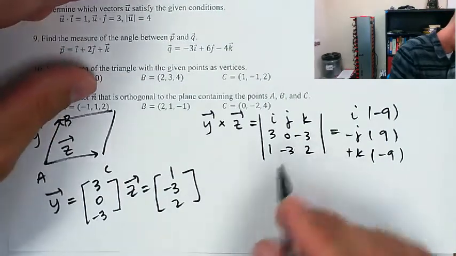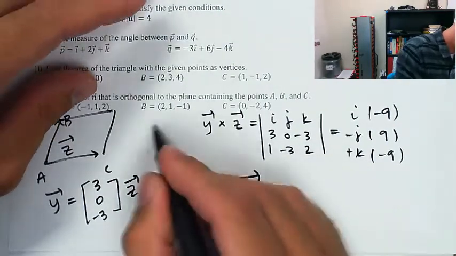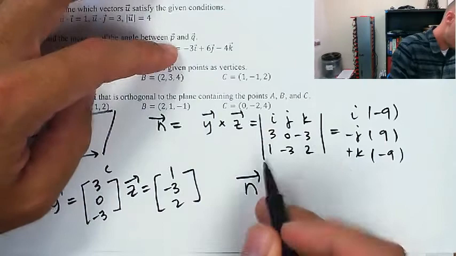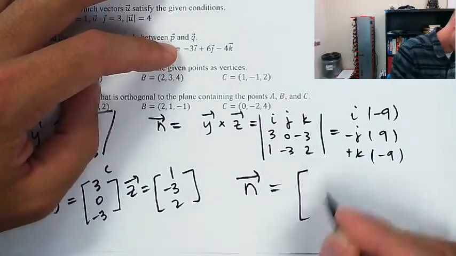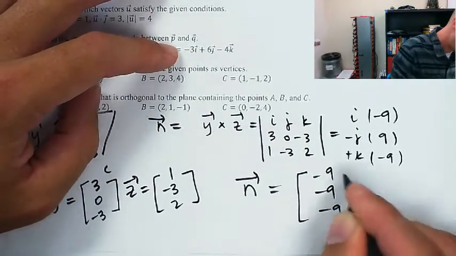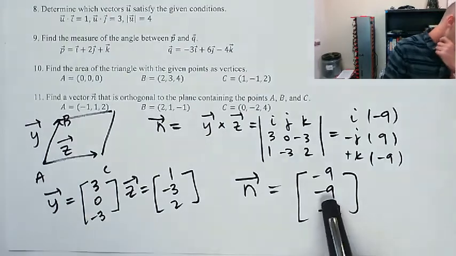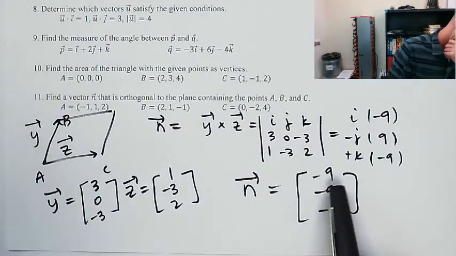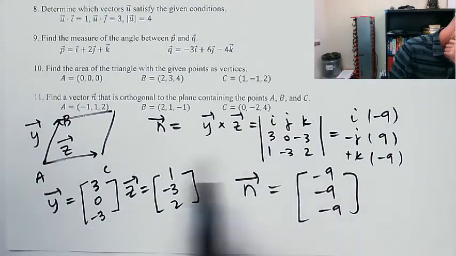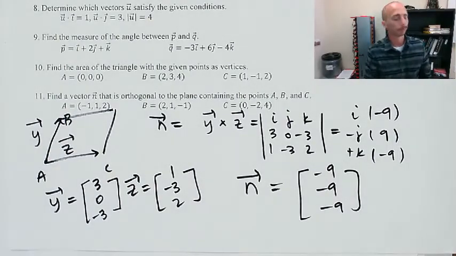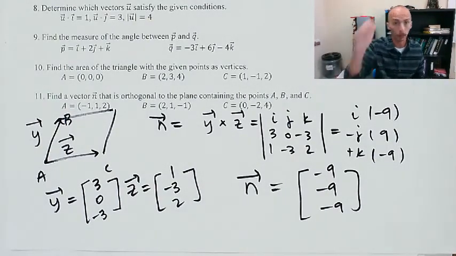This vector, and I'm going to call it n, which is Y cross Z, is going to be equal to negative 9, negative 9, negative 9. That's interesting. Okay, what about Z? Is it really orthogonal to Z? Negative 9 plus 27 minus 18, sure enough. Okay. All right, that's all the problems from homework 1.1.